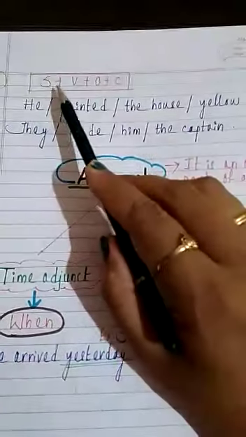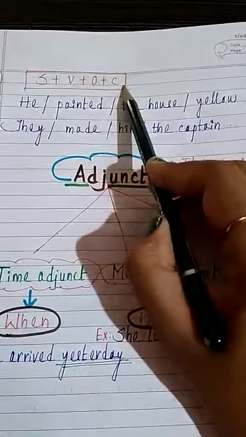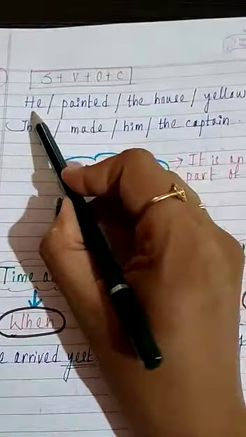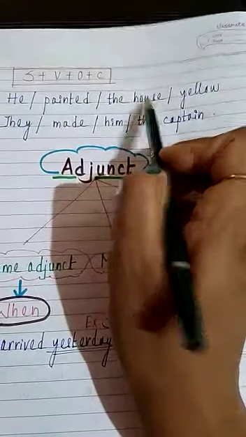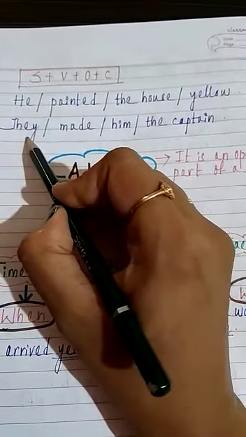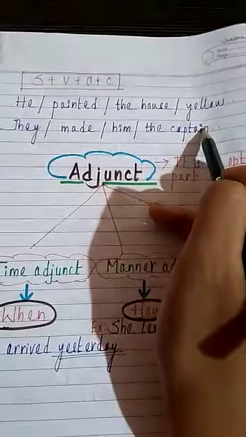Then coming to the next part, student. The seventh type is your subject plus verb plus object plus complement. So look at here. He painted the house yellow. Then look at the next example. They made him the captain.